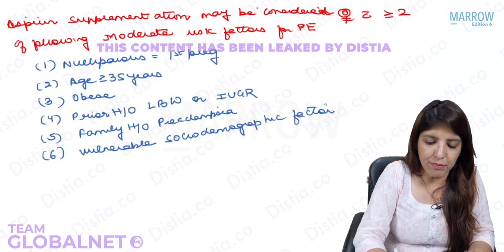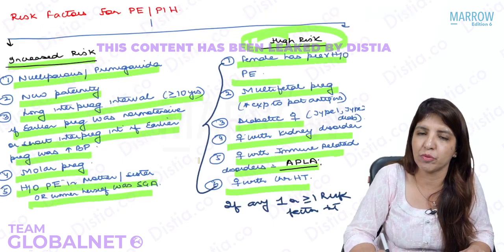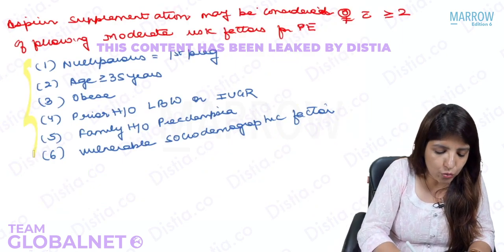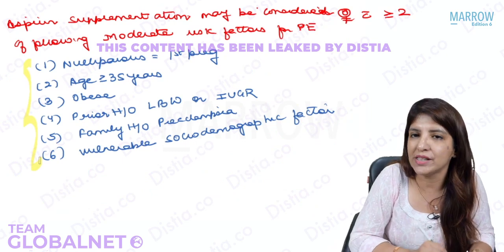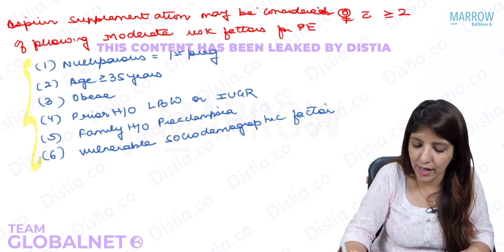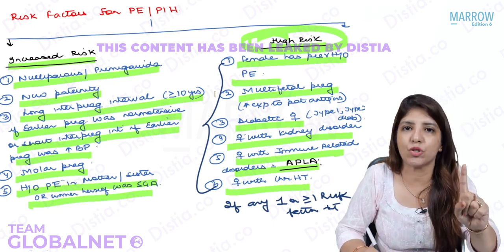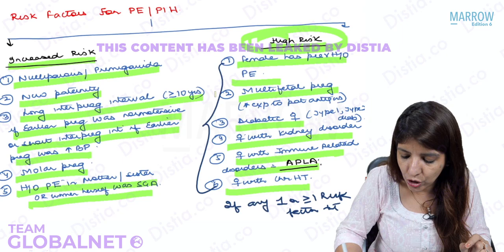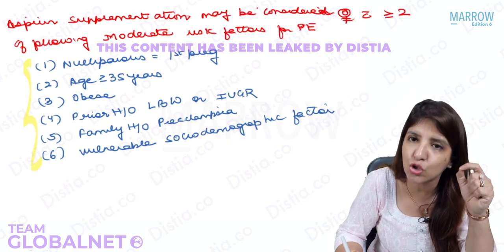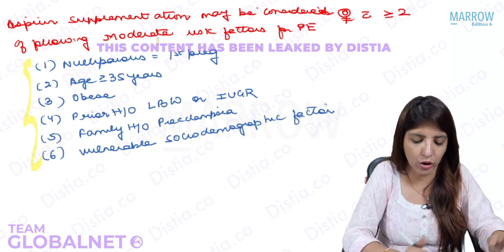Now, what the New Williams says is something you have to note. New Williams says that yes, if any of these 6 risk factors is present, you have to give aspirin. But then it says that if 2 or more of the following 6 risk factors are present, then also you may give aspirin. And what are they?